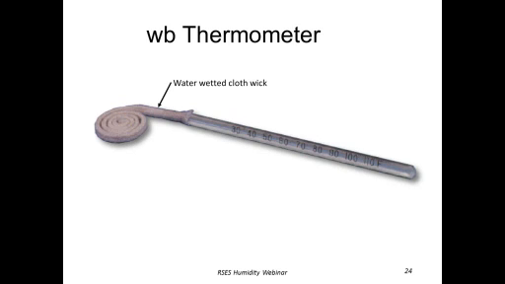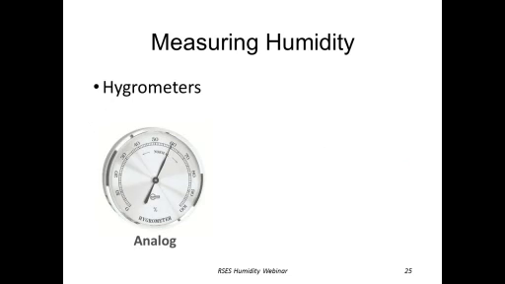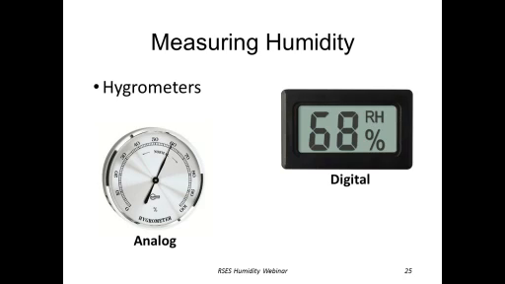And we'll also get into electronic devices where you don't have to actually wet anything. Hygrometers are either analog, where you've got a needle that indicates the relative humidity percent, or digital. And there are literally hundreds of types of digital and analog hygrometers for measuring relative humidity. You could use these instead of a sling psychrometer.